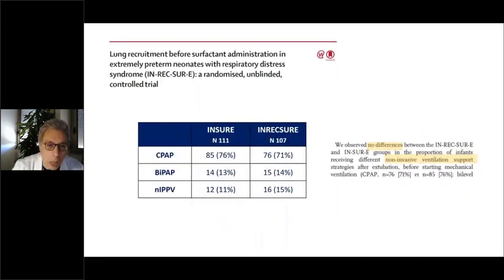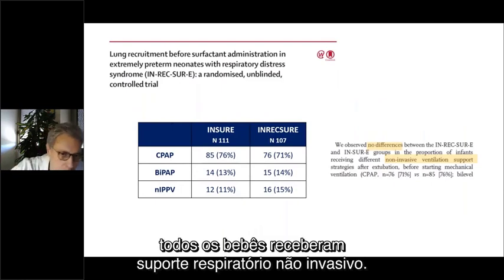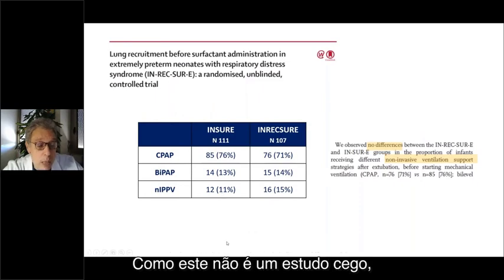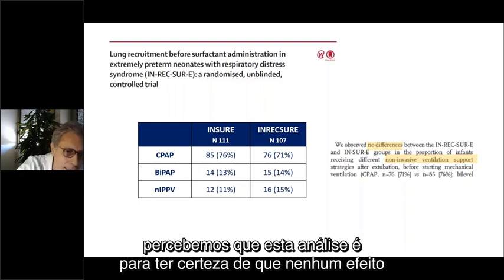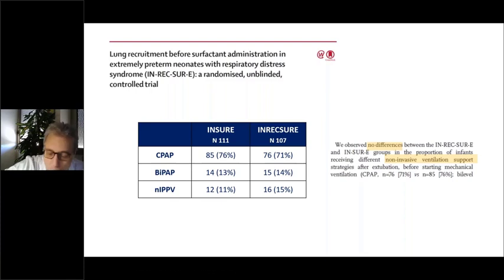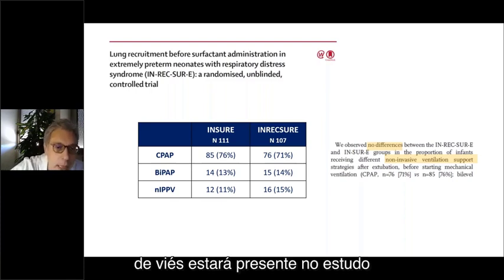After the surfactant, all the babies received non-invasive respiratory support. Because this is not a blinded study, we realized this analysis to be sure that no bias effect would be present in the trial.